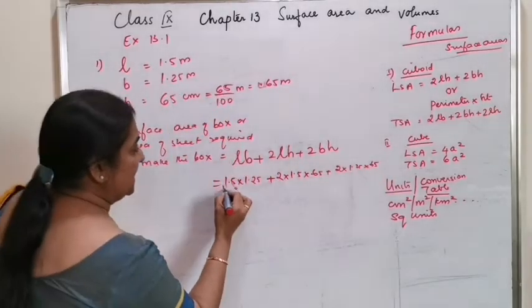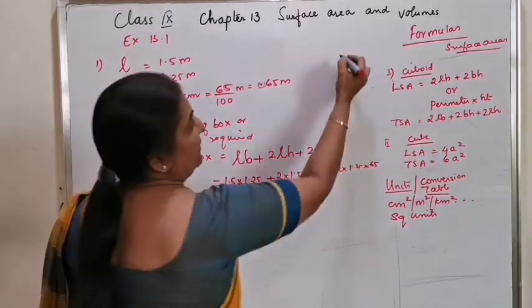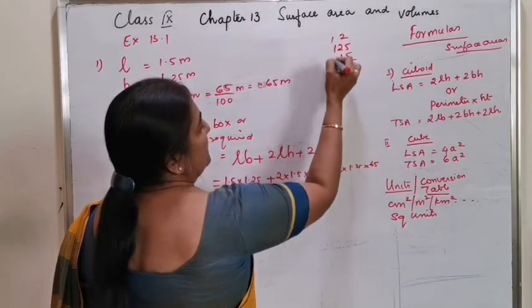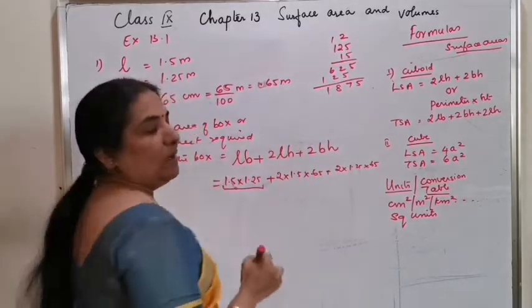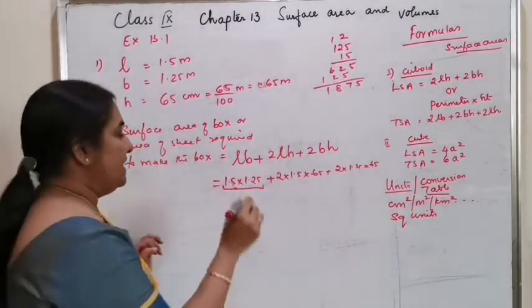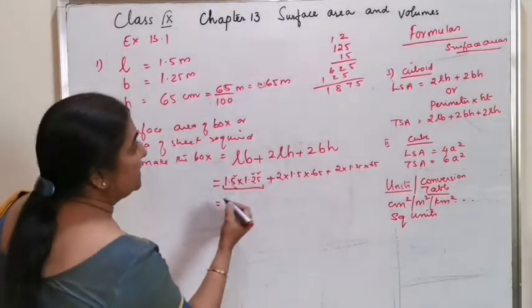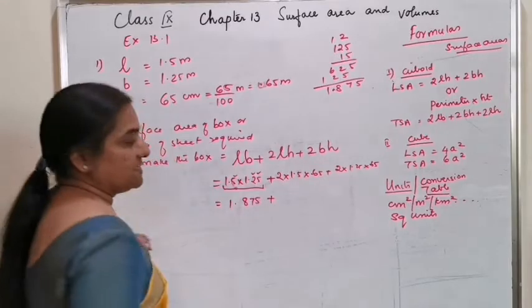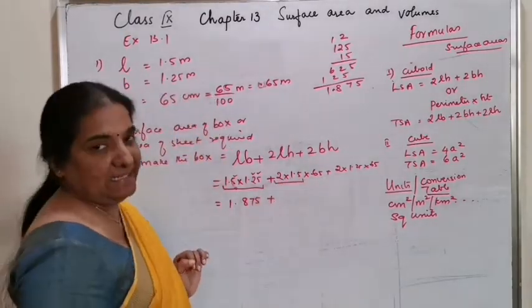The multiplication: you just multiply 125 into 15. 5 5s are 25, 12, 6, 1 5 is 5, 2, 1. 1875. There are 1, 2, 3 decimal places. So you move it as 1.875, plus 2 into 1.5 is 3.